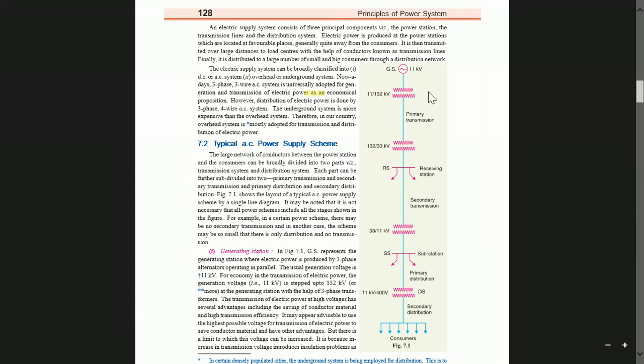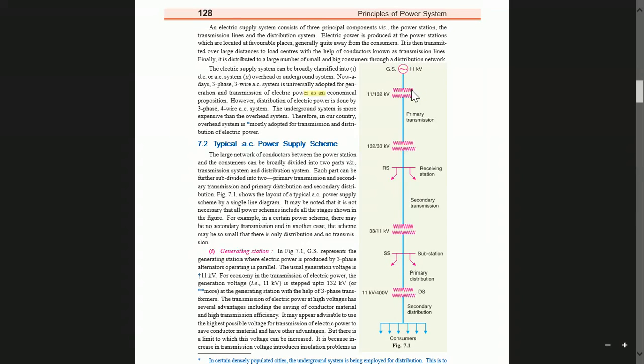Whatever transformers we use at the primary and secondary, we are using different types, that is the three-phase transformer. In the three-phase transformer we use star and delta connections.